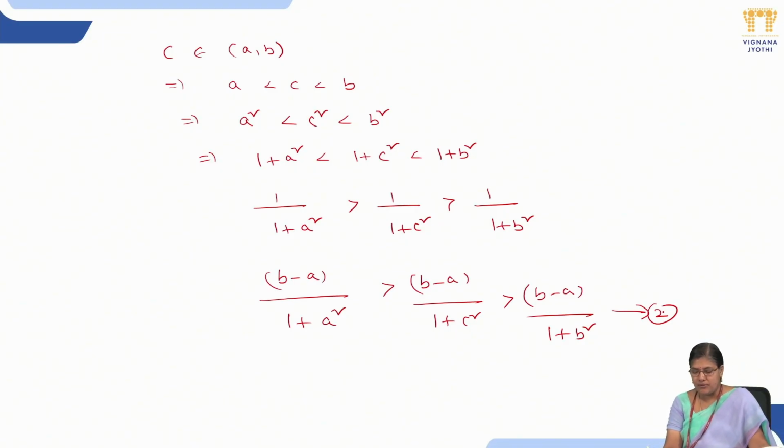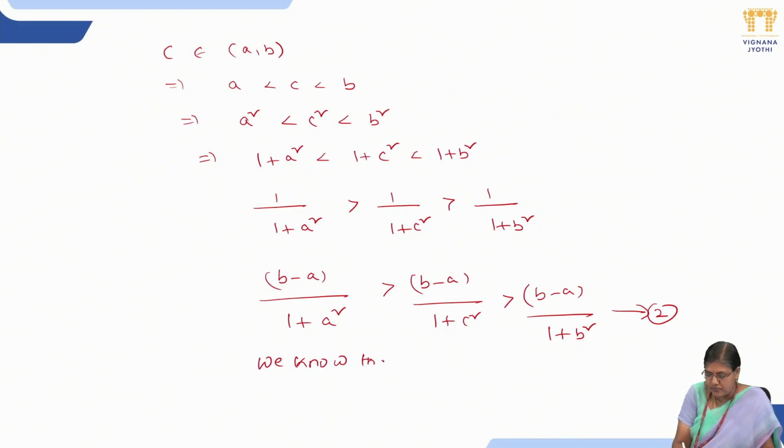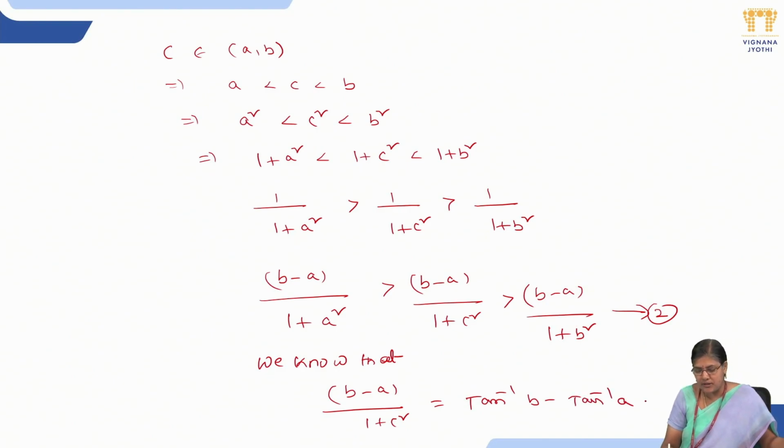From the previous step, we know that b minus a by 1 plus c square value will be equal to tan inverse b minus tan inverse a. Already this is proved in the previous stage.